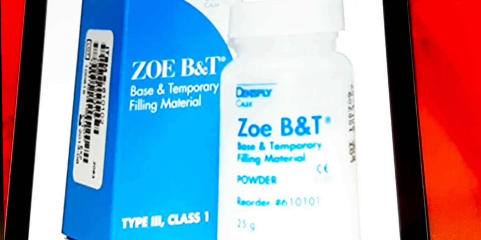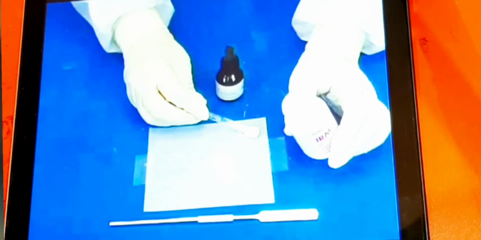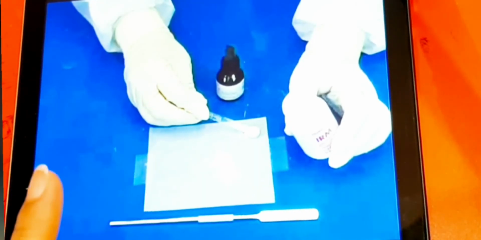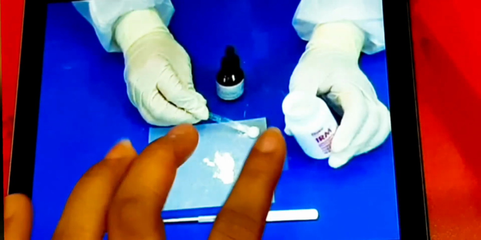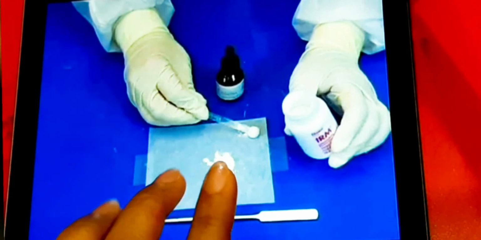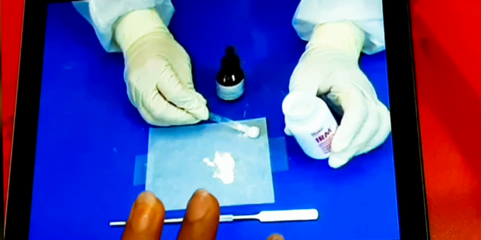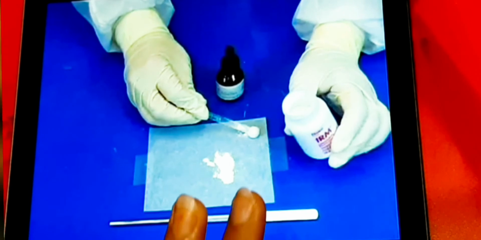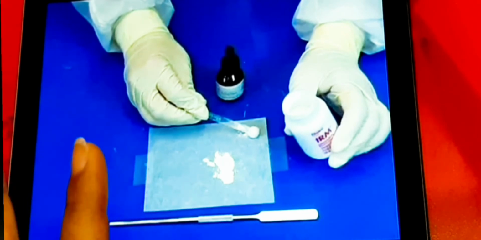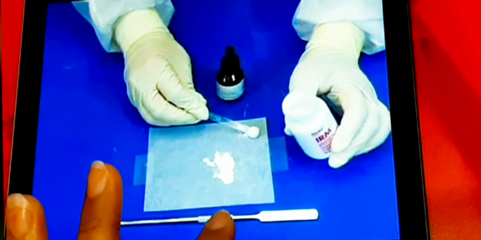Here this is the powder and this is the liquid. So he has taken a bulk of powder. The bulk of powder is incorporated into the liquid with the help of a stainless steel spatula. Here is the stainless steel spatula.